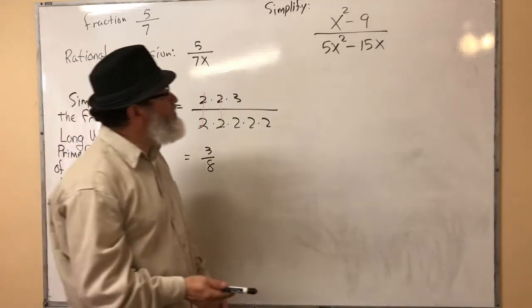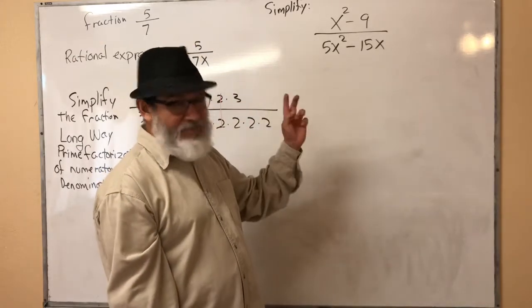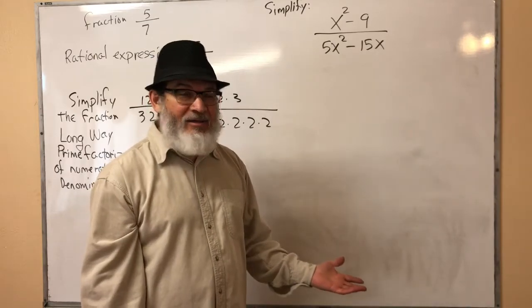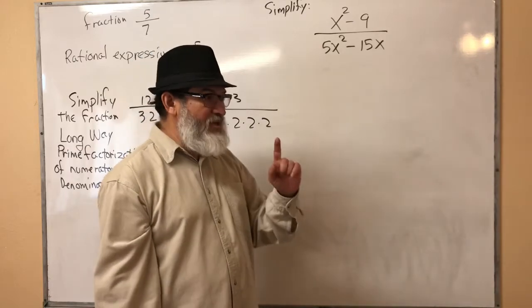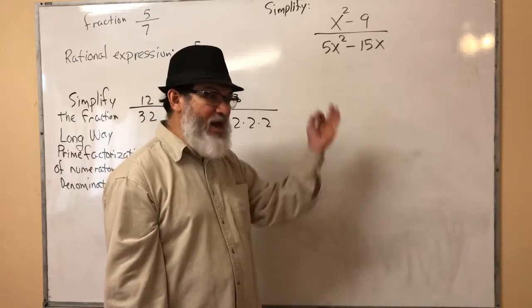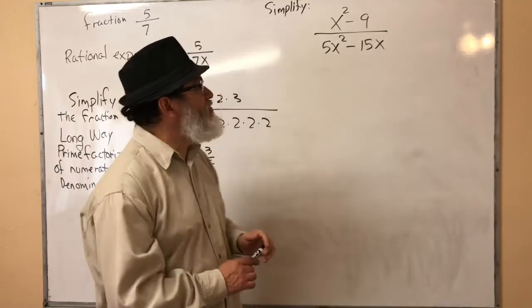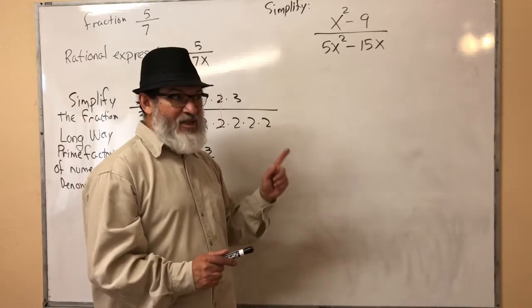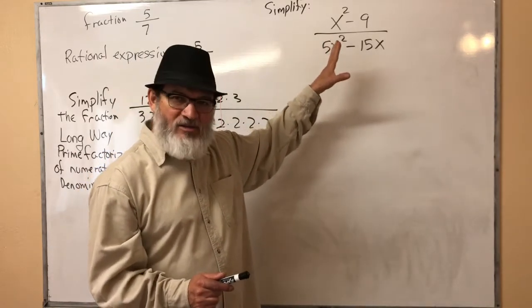Okay. Now, you have to factor the top. Who knows how to factor the top? Well, we can factor the top. The first step in factoring is to take out the greatest common factor. In the top it is 1, so it doesn't change anything. And then the second step is to look at the top and see, wait a minute, that's a difference of 2 squares.